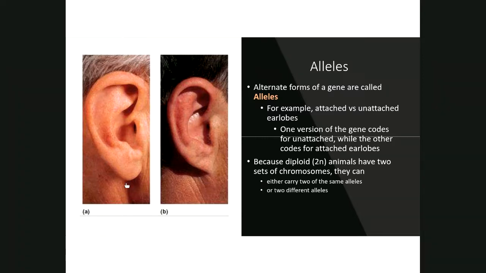So what is your genotype? Is it going to be big E, big E, or big E, little e, both of which code for unattached earlobes? Each letter represents one of the alleles from each one of your homologous chromosomes. And in this case over here, you have little e, the recessive form.